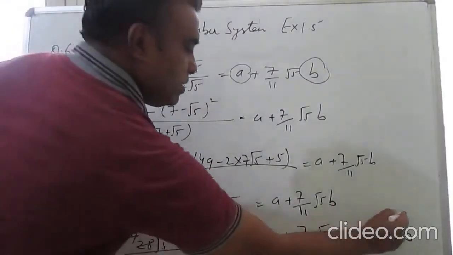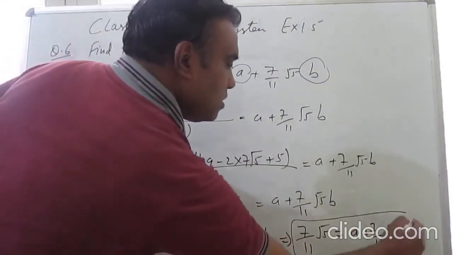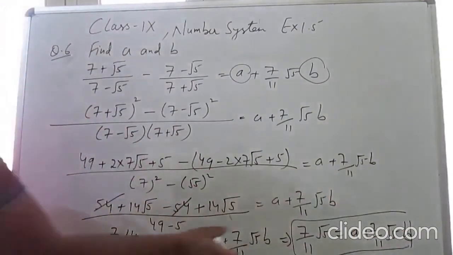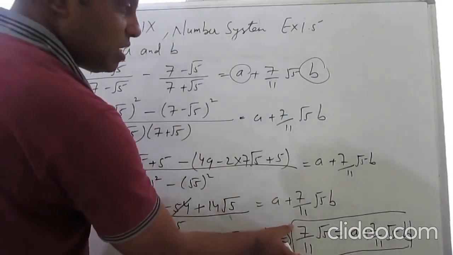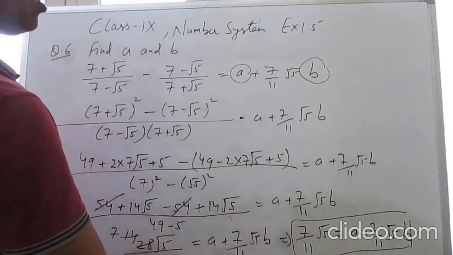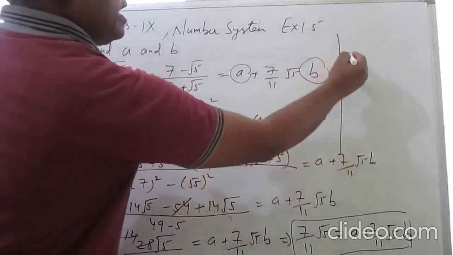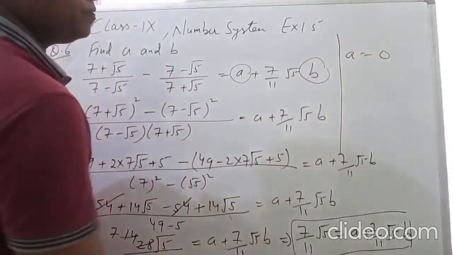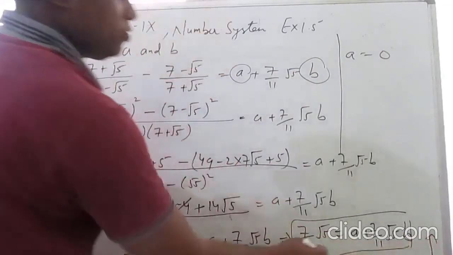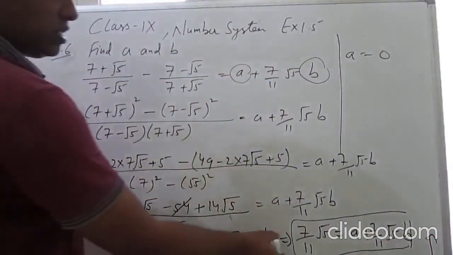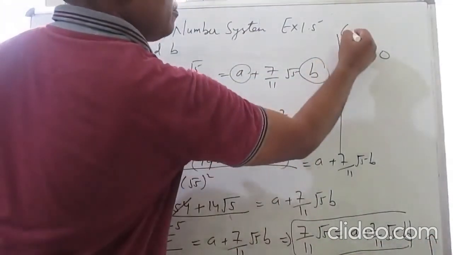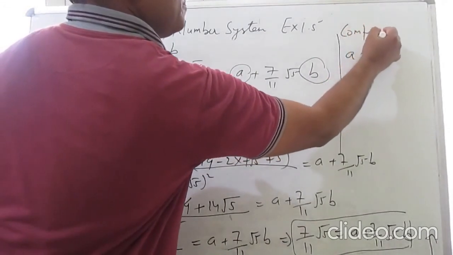Now see here, there is no rational number on the left hand side, so a is equal to 0, because there is no rational number when comparing on both sides.